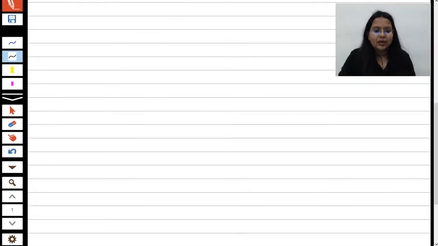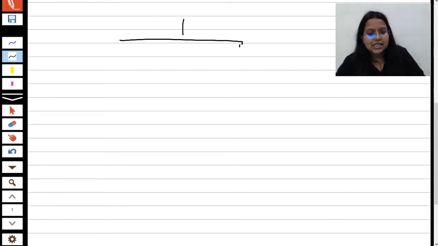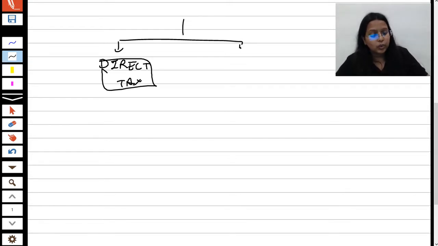Now in our CMA Intermediate syllabus, two kinds of taxes are covered. First is direct tax, which is in Group 1 of CMA Intermediate, that is the direct taxes, which we normally know as income tax. And in Group 2 we have our indirect taxes.